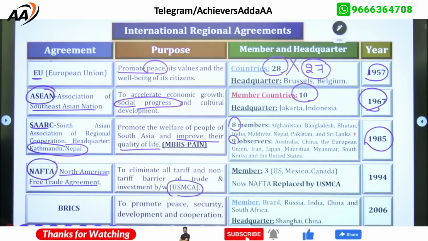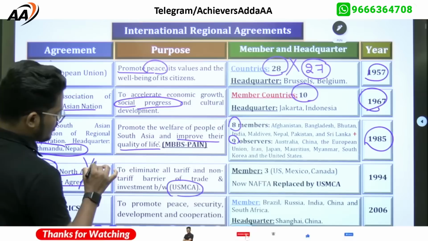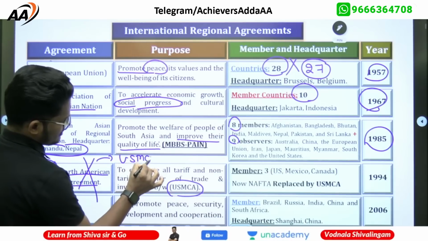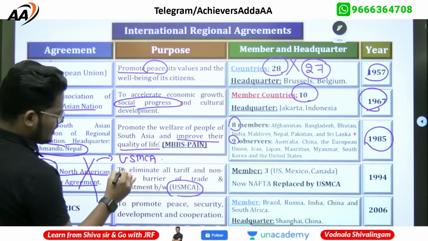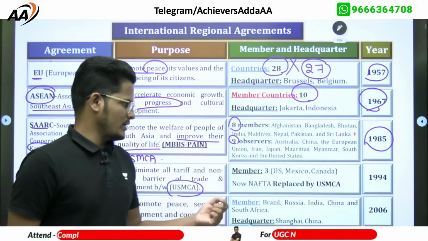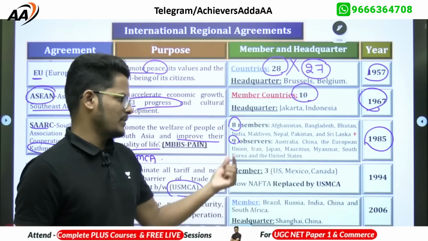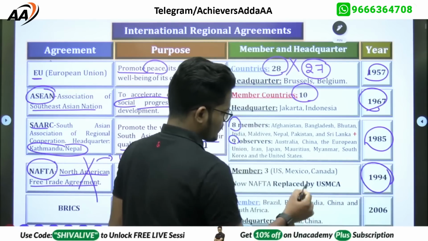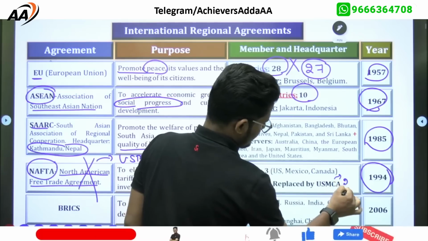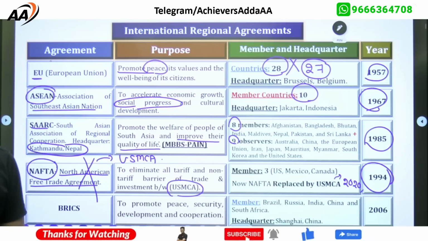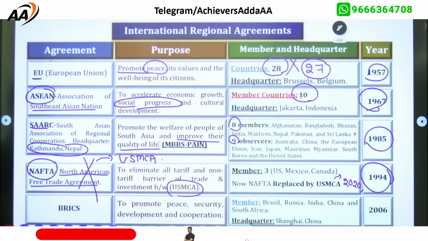Now NAFTA is replaced by the USMCA agreement, the United States-Mexico-Canada agreement. NAFTA was originally 1994, but USMCA came in January 2020. Next, there is no shortcut for the observer countries; if you want to create one, you can.